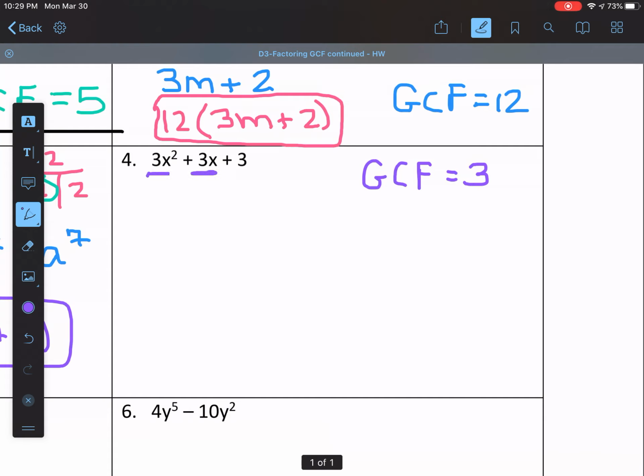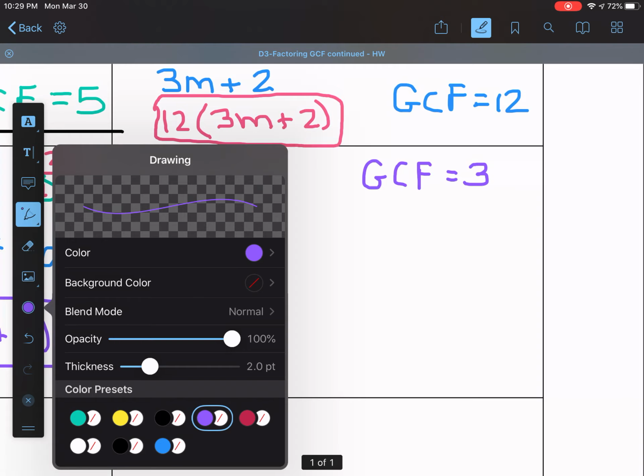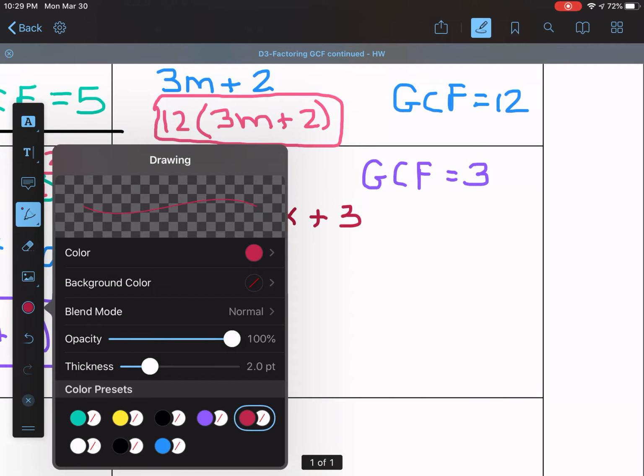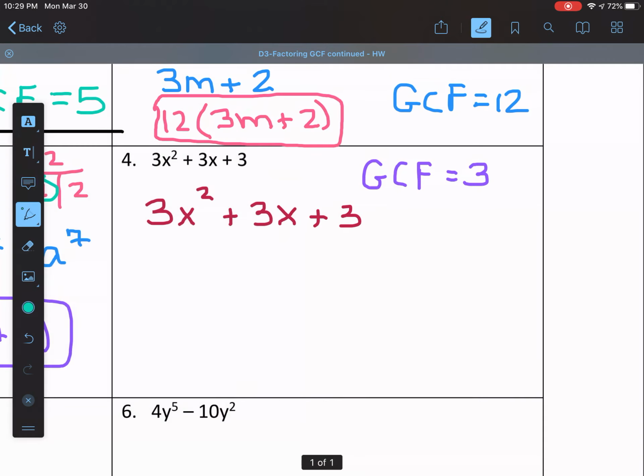The third one does not. So x is not going to be a part of the greatest common factor because not all of the pieces have that. Okay? So we've got 3x squared plus 3x plus 3. And we are dividing each of our pieces by 3.